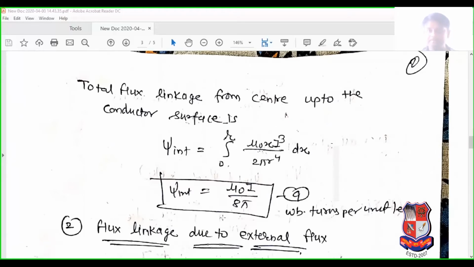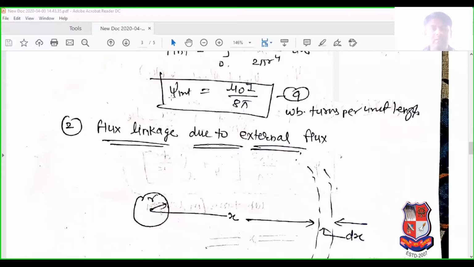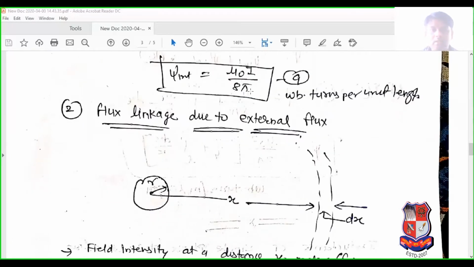Limit is 0 to r. Then we will finally get psi is equal to mu 0 into I upon 8 pi. Clear? So this is the internal flux linkage. Due to internal flux the value is mu 0 into I upon 8 pi. Mu 0 divided by 8 pi is constant. The only variable part is I. Clear? Right? Okay.